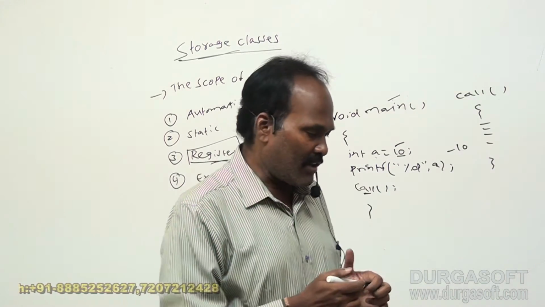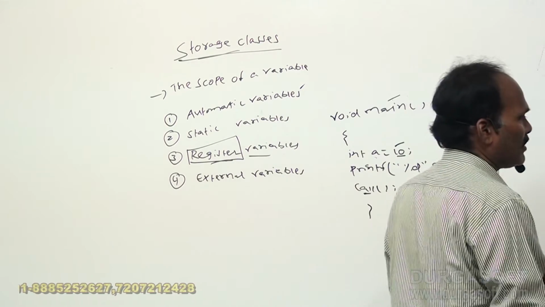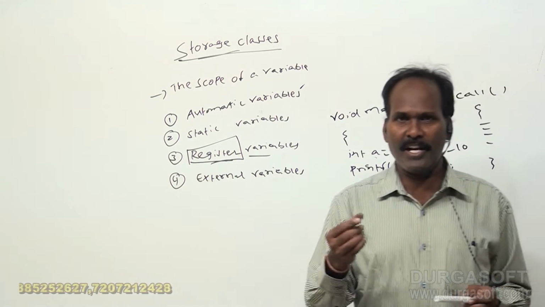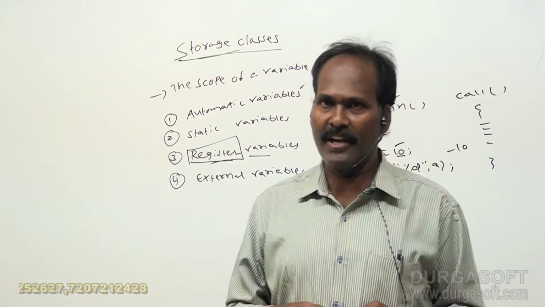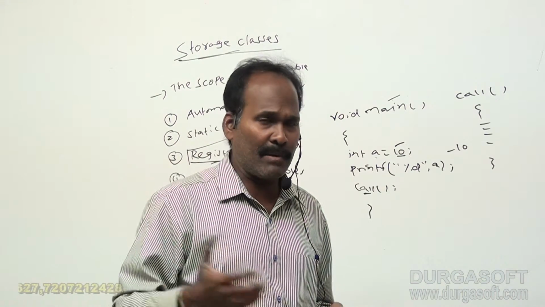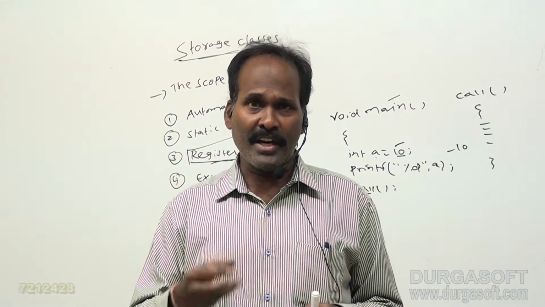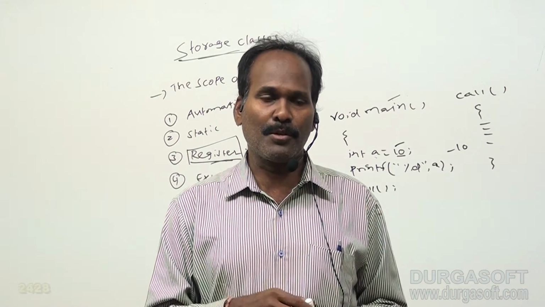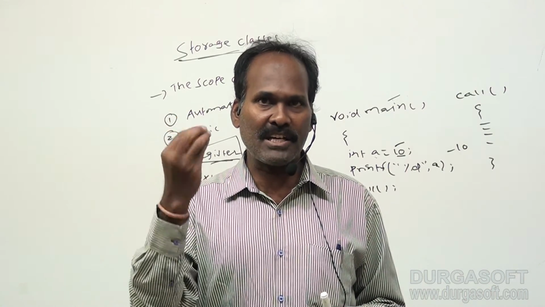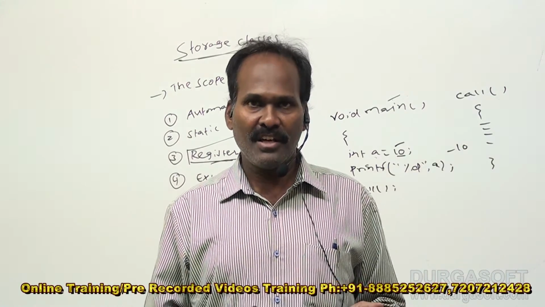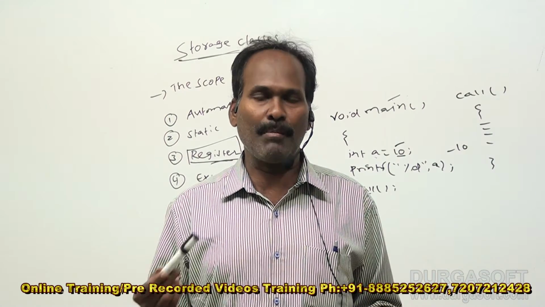Whenever the compiler fetches values from primary memory, it may take a little bit of delay, because in the primary memory, several storage locations are there. Out of them, it has to fetch a particular value. To fetch a particular value from millions of storage locations, it may have a little bit of delay.